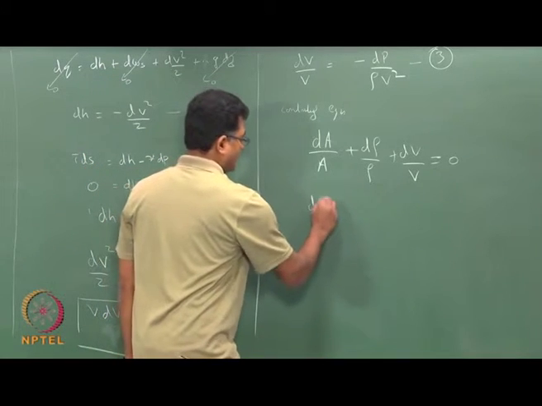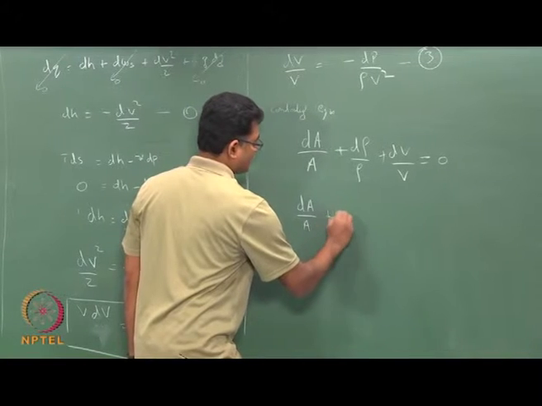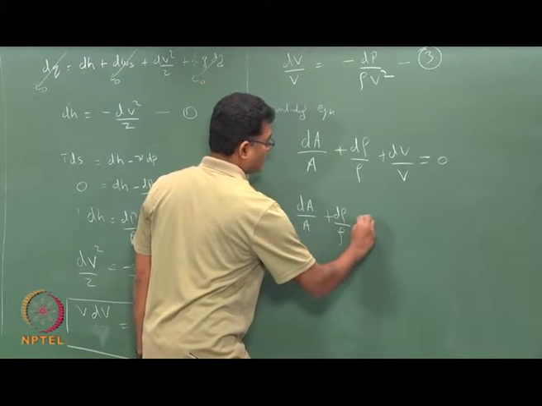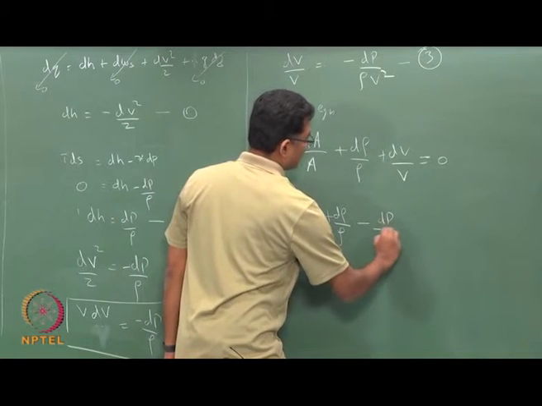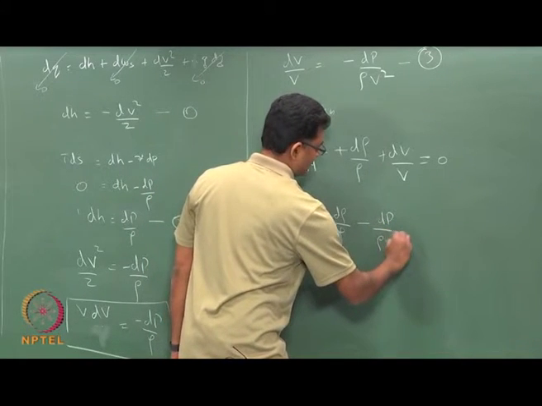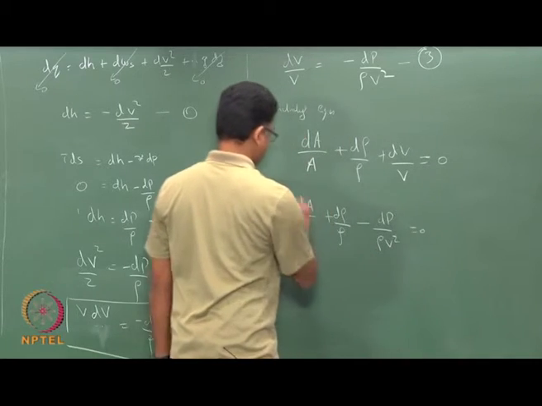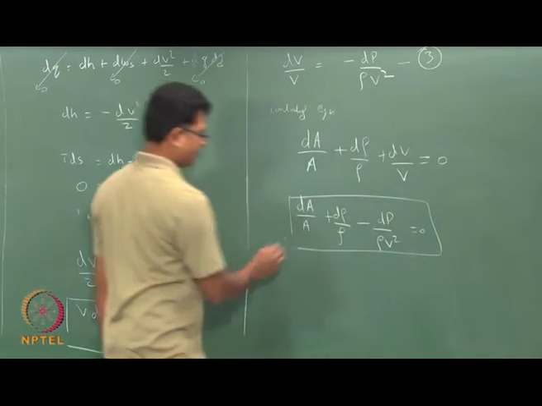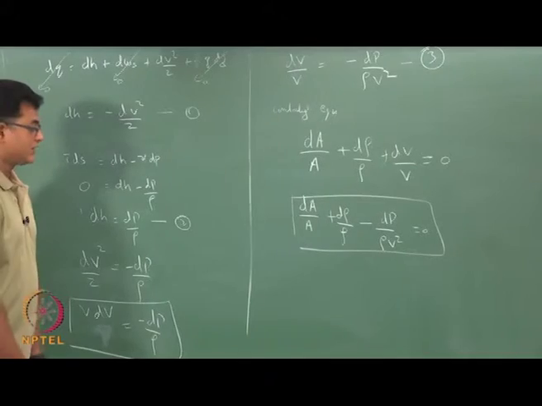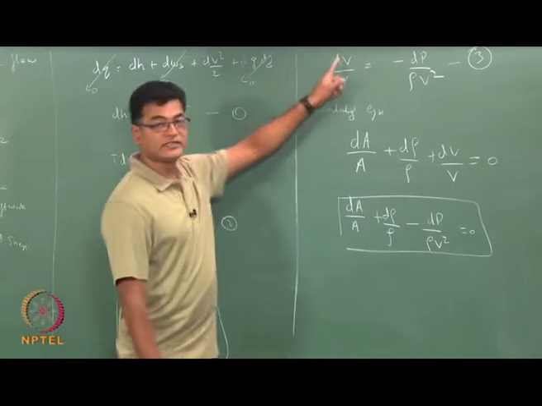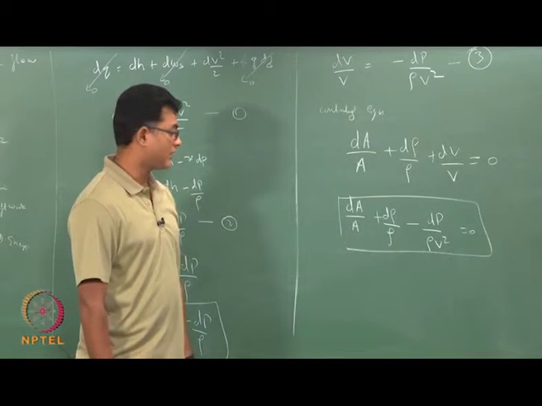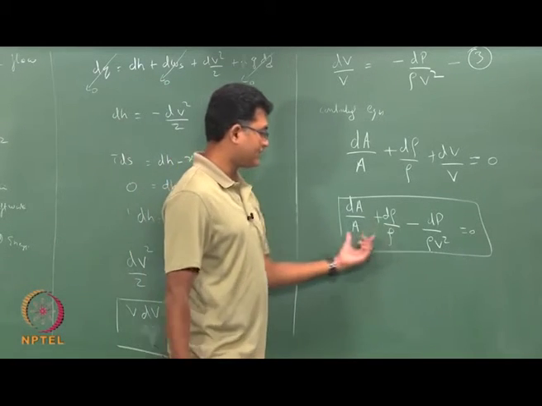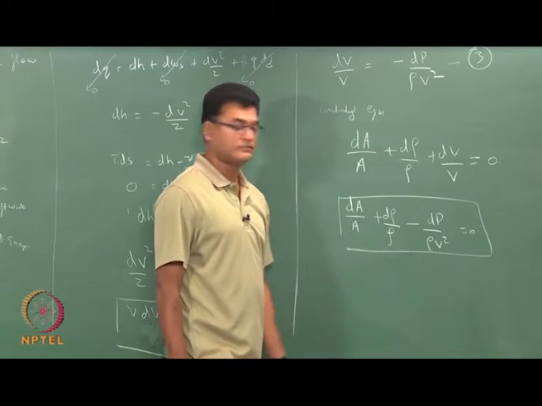So, dA by A plus d rho by rho minus dP by rho v square equals 0. So, I have replaced dV, the changes in velocity, in this form.